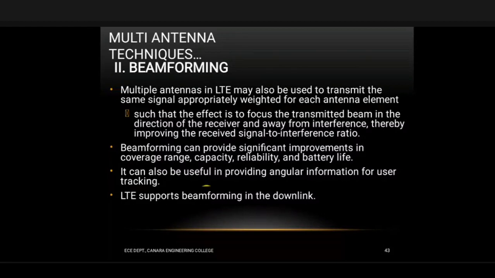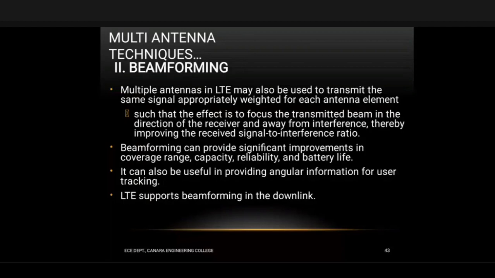helpful in, see this line, user tracking. Tracking means if you're using Gmap, even if you're not using GPS, your mobile tower can tell which direction, which place you are residing. Just observe next time. Sometimes it says you are in this particular circle, or sometimes in this direction.